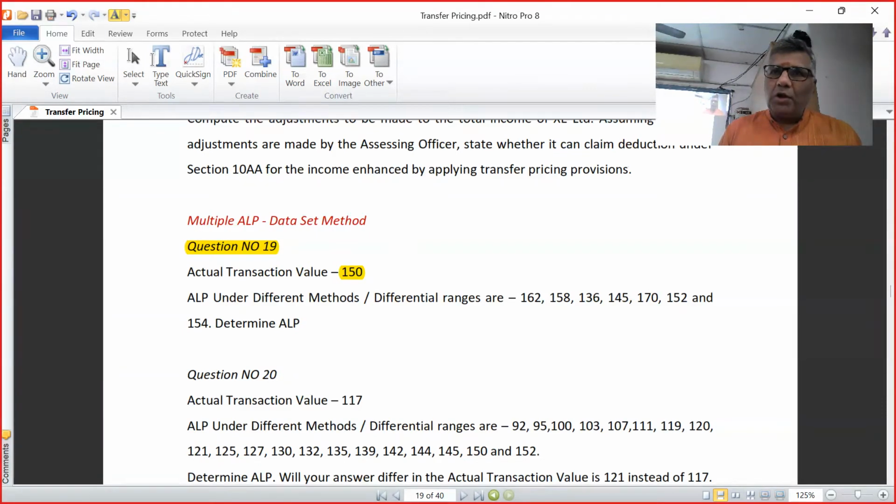ALPs on different methods at different ranges are 162, 158, 136, 145, 170, 152, 154. There are 7 values, so we need to go by the data set.